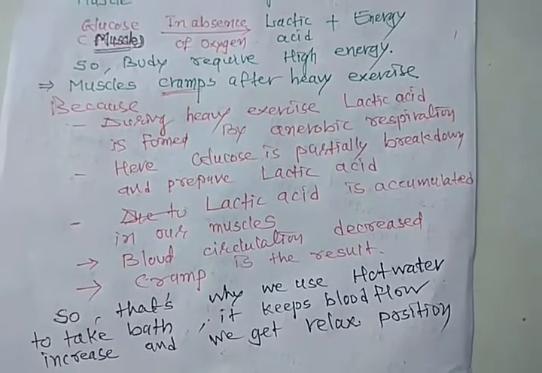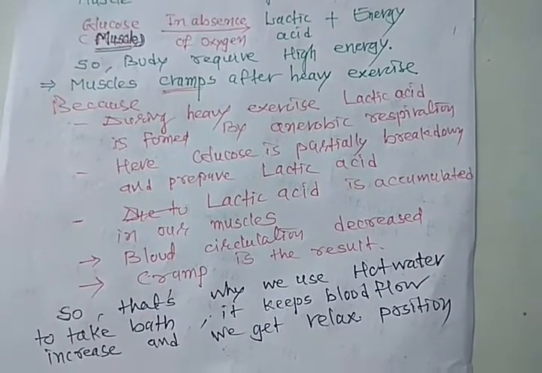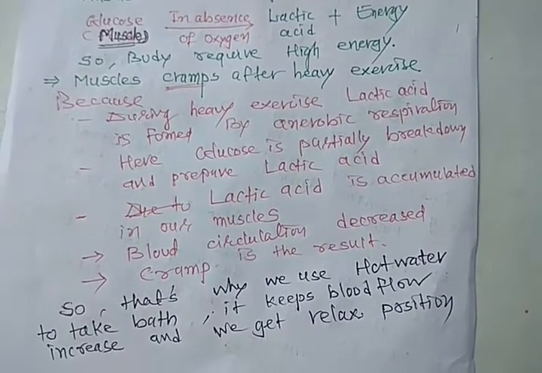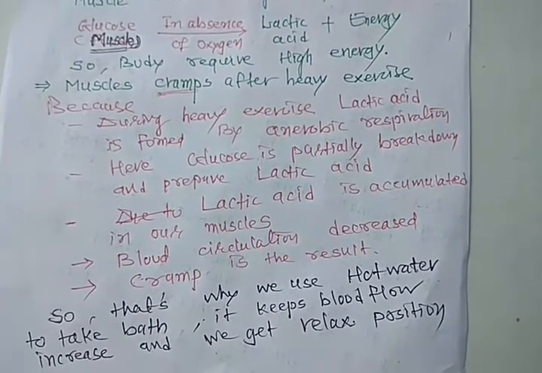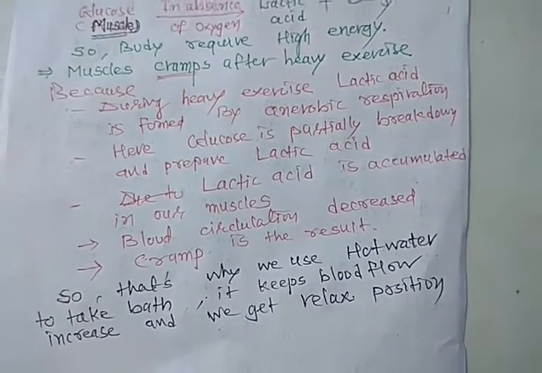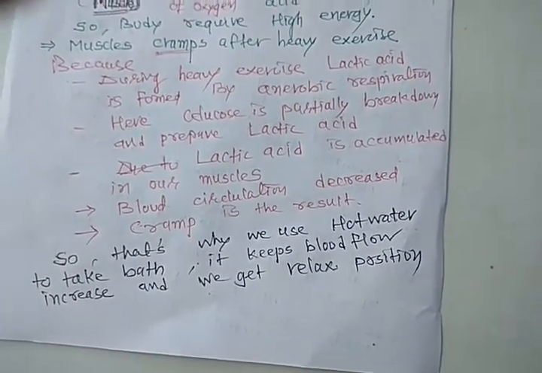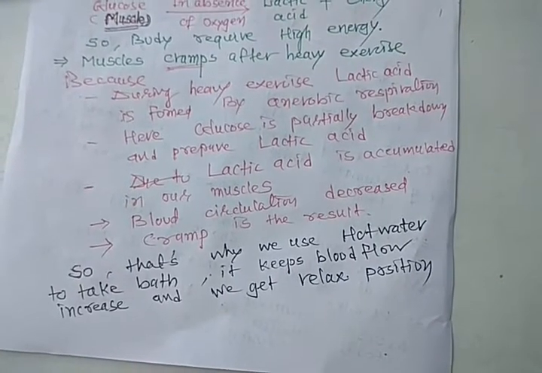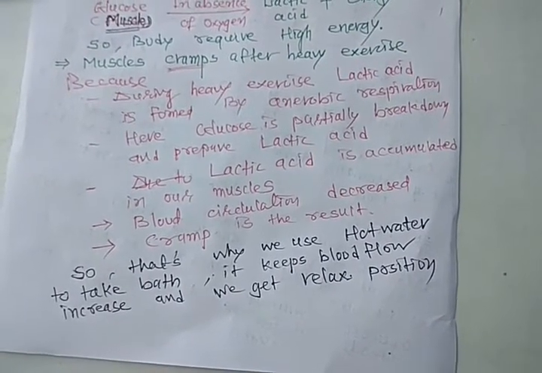So during heavy exercise, lactic acid is formed by anaerobic respiration. Here glucose is partially broken down and prepares lactic acid. Lactic acid is accumulated in our muscles, so blood circulation decreases.